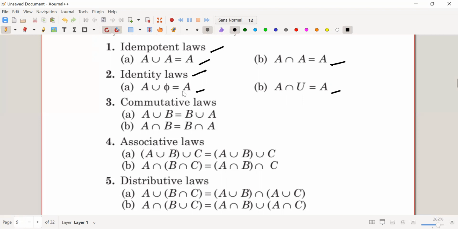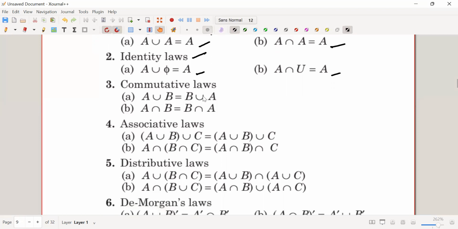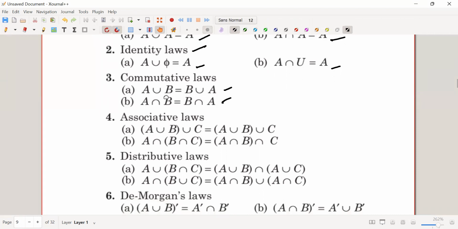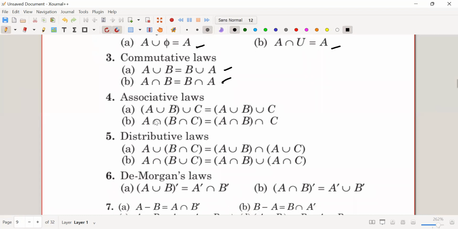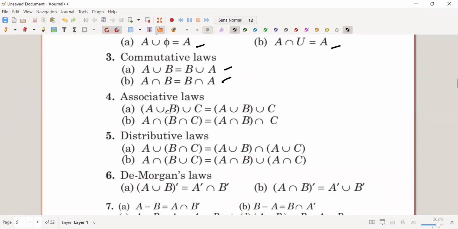All right, idempotent laws. Then identity laws. Identity laws always work with the empty set and universal set. Then commutative law, we already know about this. It's not a problem. Associative law is really important. In some places, if you use these laws, you'll get the answer immediately.